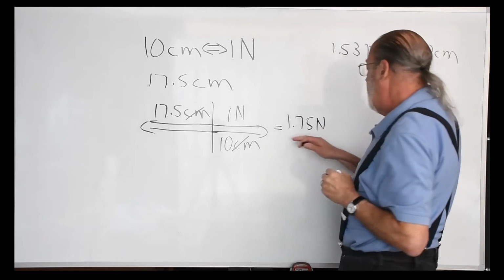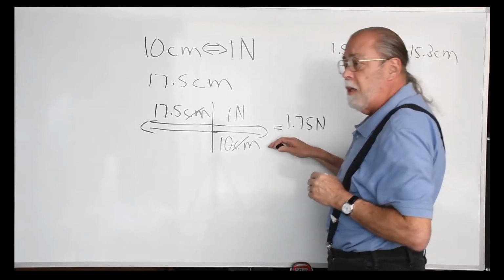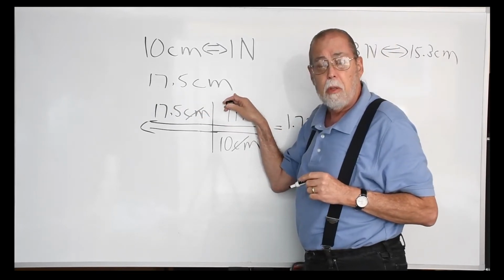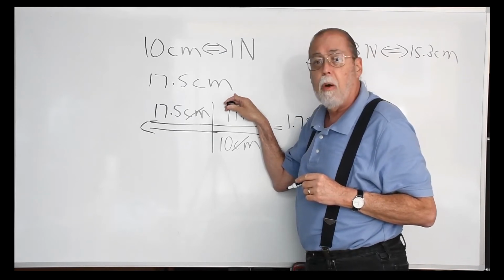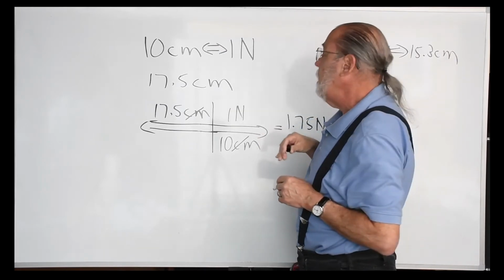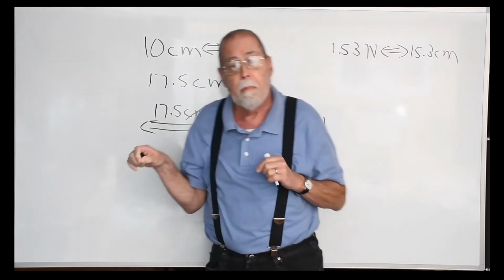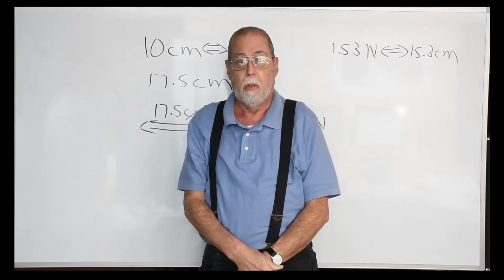So we can say that a 1.75 Newton force is represented by a length of 17.5 centimeters on the graph. And this is how, in this exercise, we will be converting from forces to distances on a graph, and from the distance on a graph back to a force.